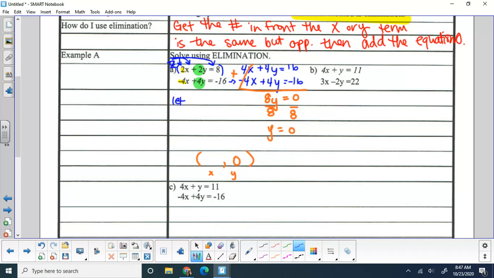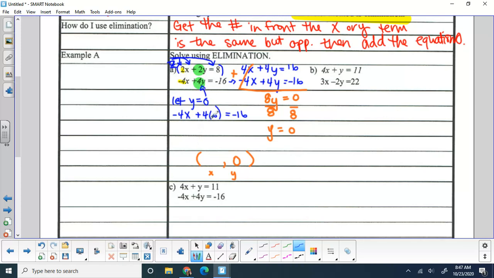So again, I'm going to let y equal 0. I apologize, I said that wrong the first time, so just keep tracking with me. I have negative 4x plus 4 times 0 equals negative 16. Recall, we found that y equaled 0, so I plugged in 0 for the y value.